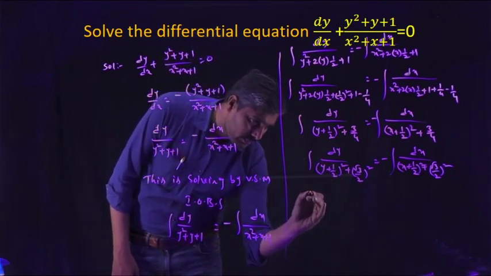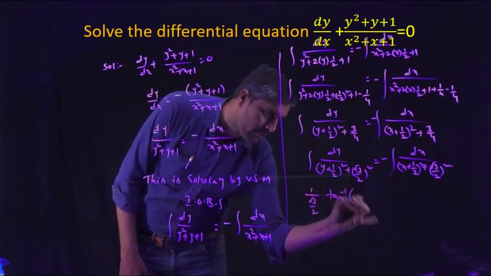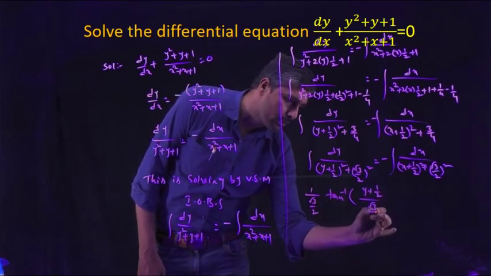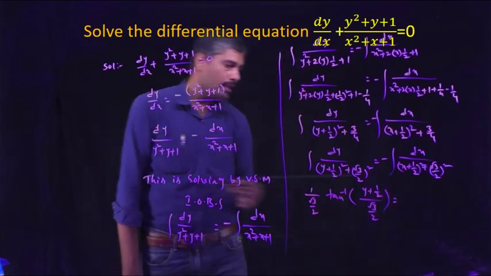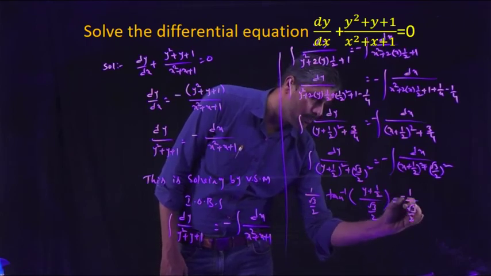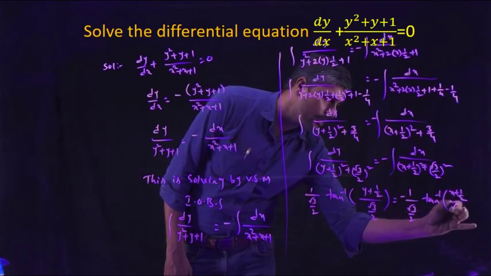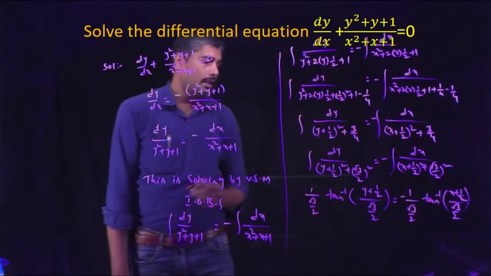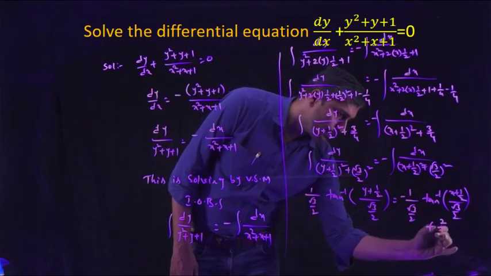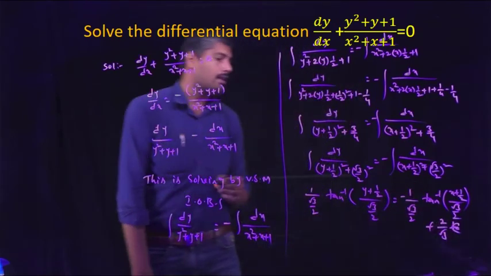So 1 by a, that is 1 by (root 3 by 2), into tan inverse of x by a, that is tan inverse of (y plus 1 by 2) by (root 3 by 2), equal to, here also the same, minus 1 by (root 3 by 2) tan inverse of (x plus 1 by 2) by (root 3 by 2), and the integration constant is also taken as 2 by root 3 into c, some other constant c.